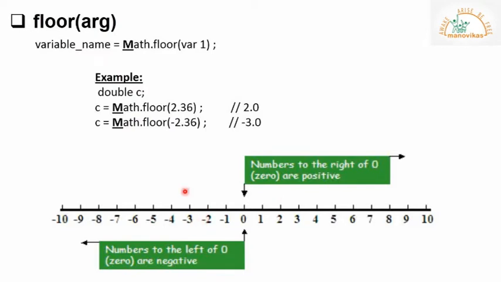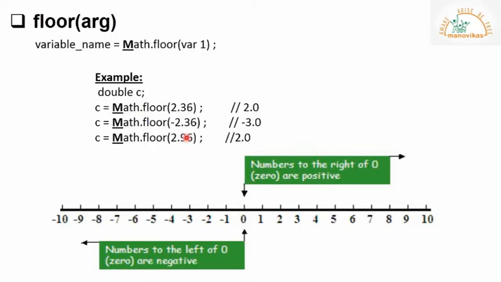Now, this function will return the lower integer value of this number. Minus 2.36 is here. When I say lower value, it can't be minus 2, because the right-hand side is a higher value and the left-hand side is a lower value. So the closest value is minus 3. And since the return type is double, you will get minus 3.0 as the answer.